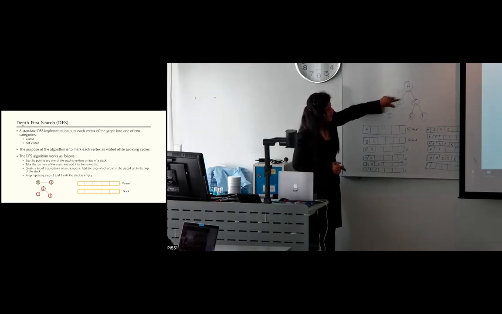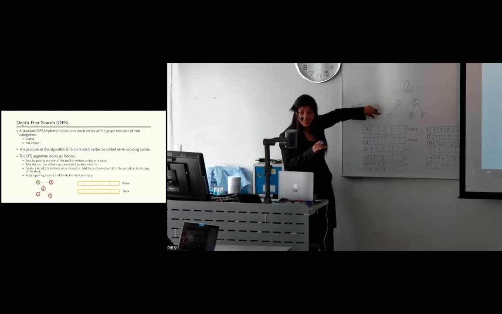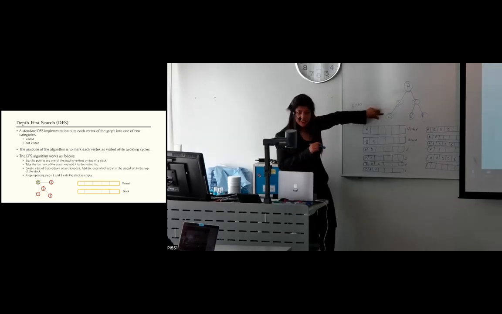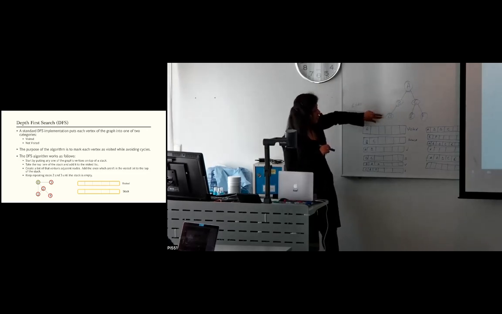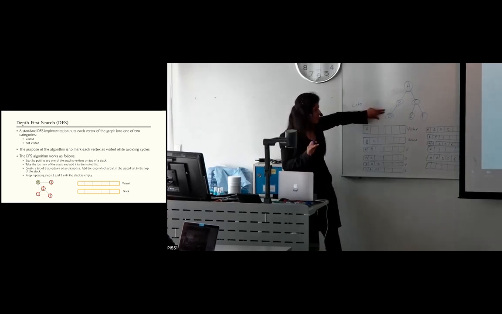Then we go for the top of the stack and see whether there is any child of what we have visited. Yes, we find one child, and then we visit D. We see, is there any child available of D? No, so we come to the next plate.